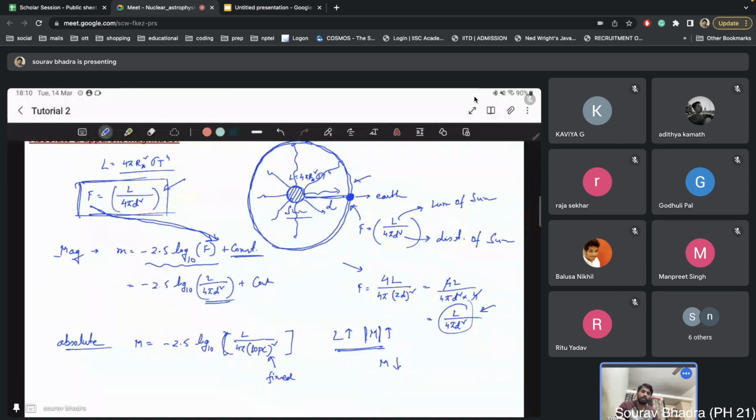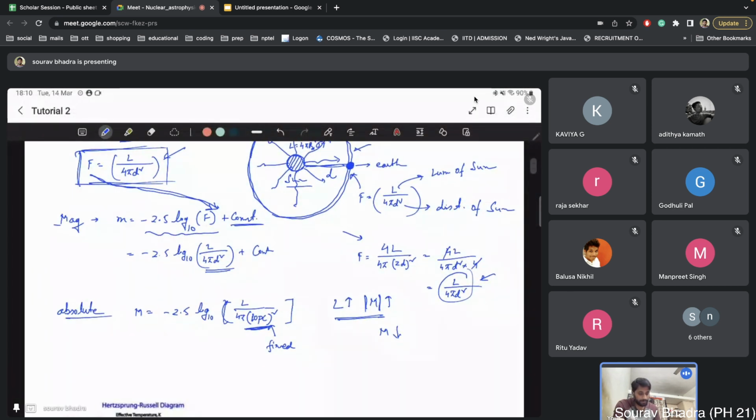So from here we can clearly say, by comparing the absolute magnitude values of two stars, which one is brighter and which one is fainter, because the degeneracy of the distance is gone in the absolute magnitude scale. That's why the absolute magnitude is important, and it is a good parameter to compare the brightness between different stars. Okay, so that was the main point.